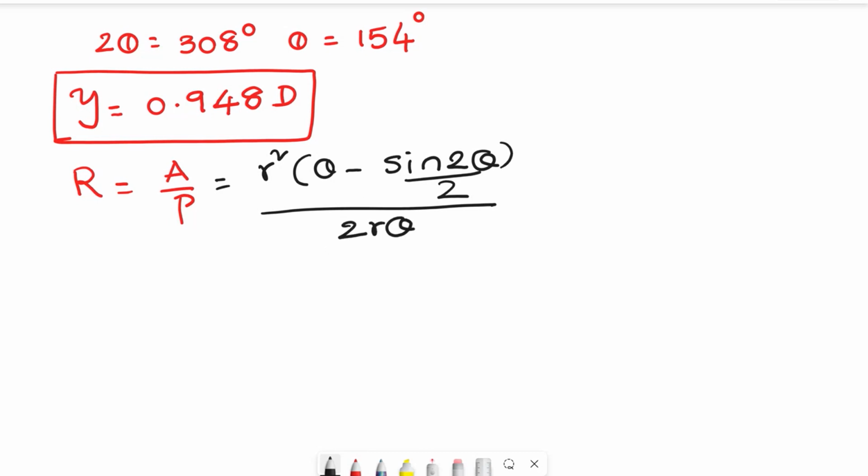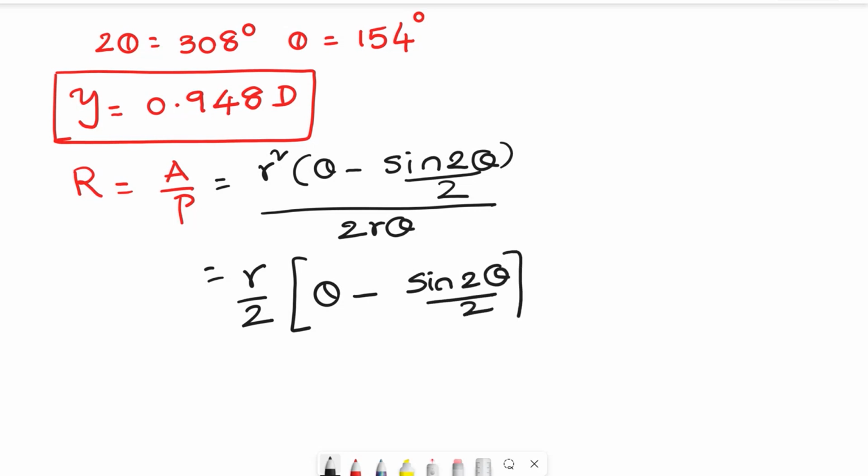So if I cancel R, then it is R by 2 into theta minus sine 2 theta by 2. This is the thing.